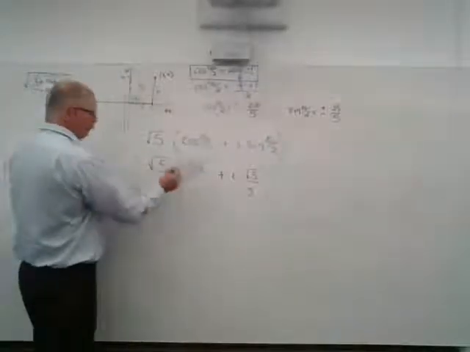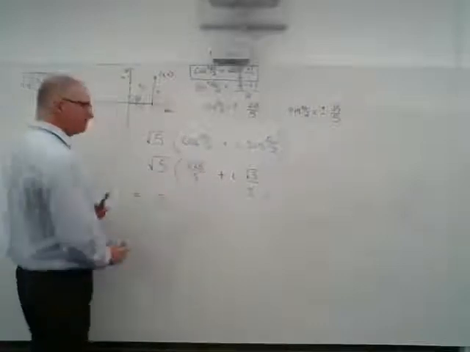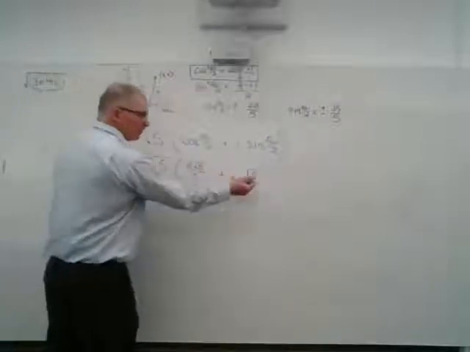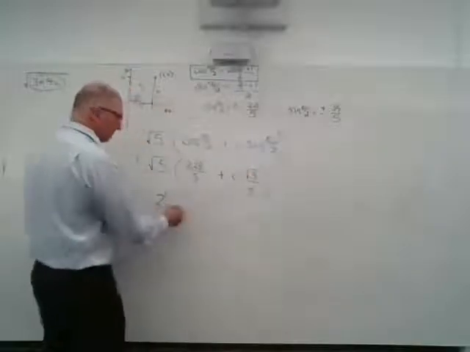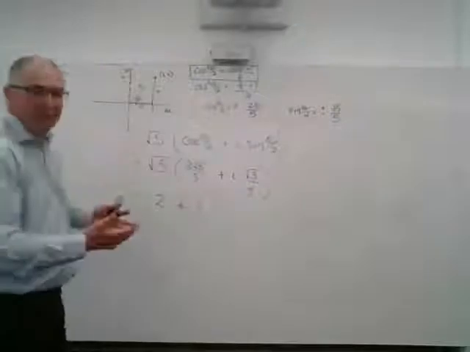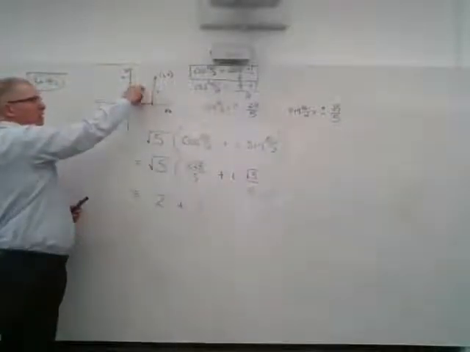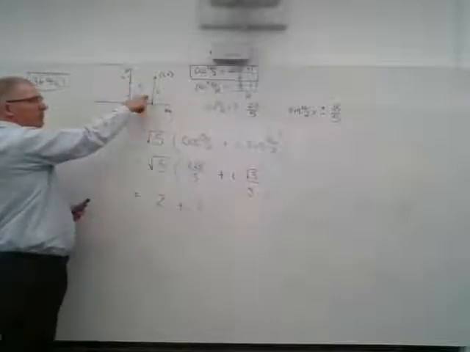So root 5 times 2 root 5 on 5 is just 2, because root 5 times root 5 is 5 on 5, which cancels. So it's just plus i. So that's one of my square roots geometrically. And that's the one I pointed out would be about here: square root of 5 and half the angle.